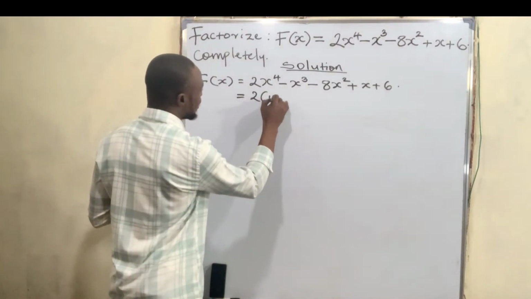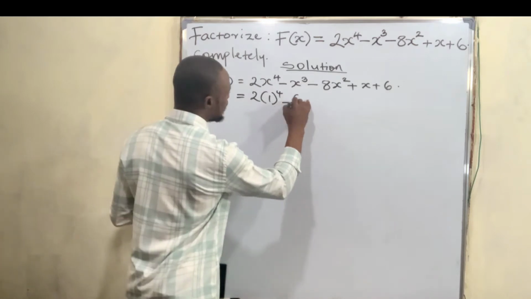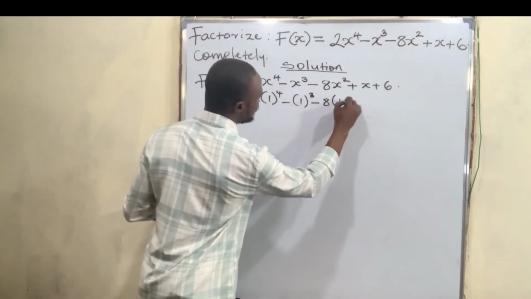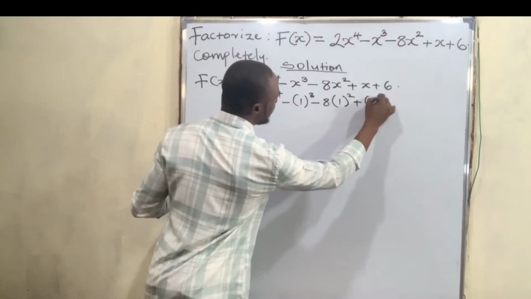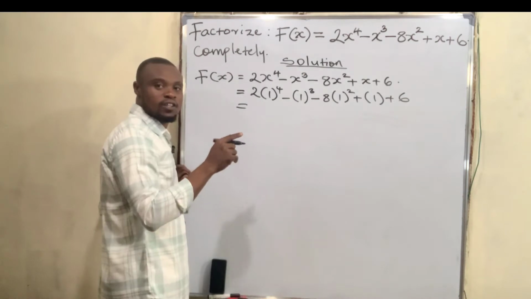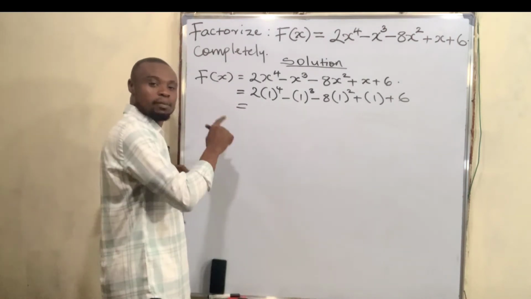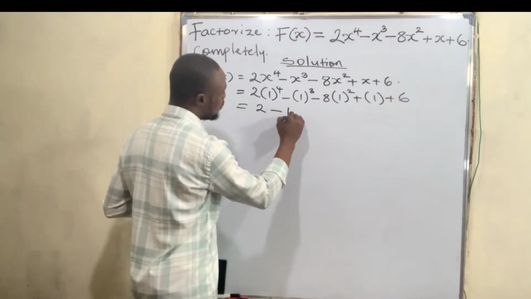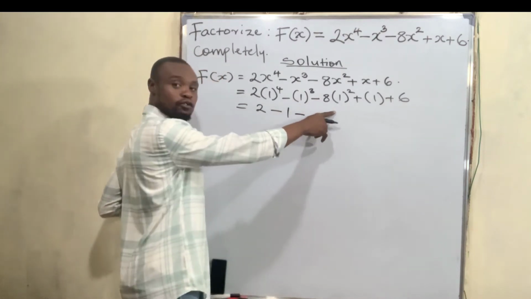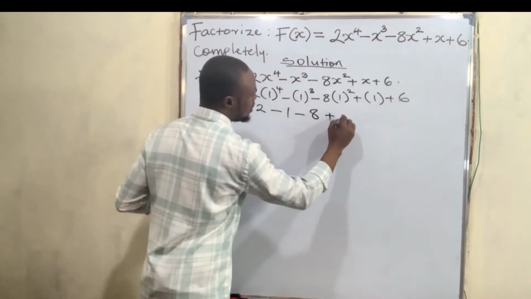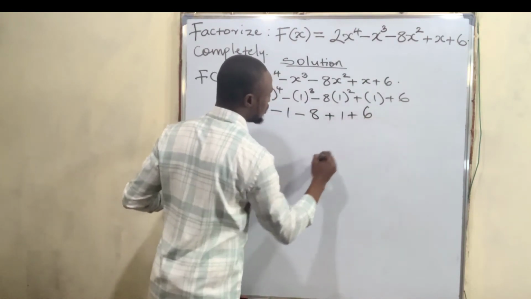So 2 open bracket 1 to the power of 4 minus open bracket 1 to the power of 3 minus 8 open bracket 1 to the power of 2 plus open bracket 1 plus 6. All right. 1 to the power of 4 is 1. 1 multiplied by 2 is 2, so we have a 2 here. Minus 1 to the power of 3 is 1, so we have 1 here. Now 1 to the power of 2 is 1 times minus 8, we have a minus 8 plus 1 here, and we have our plus 6.